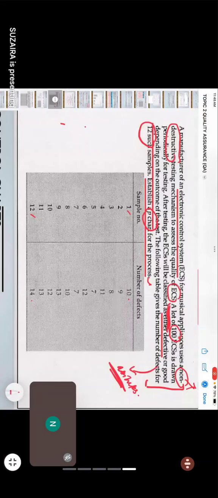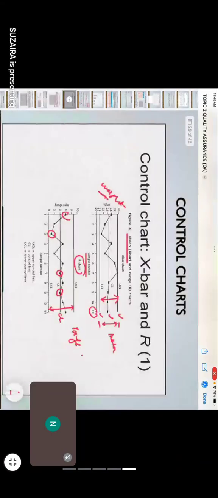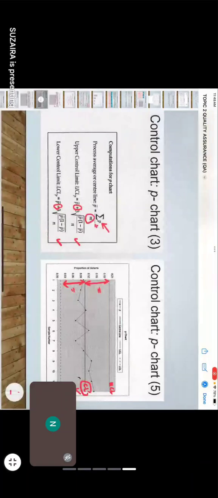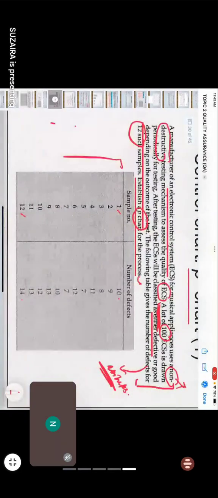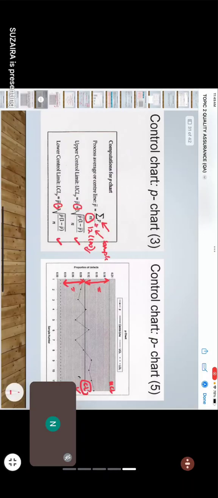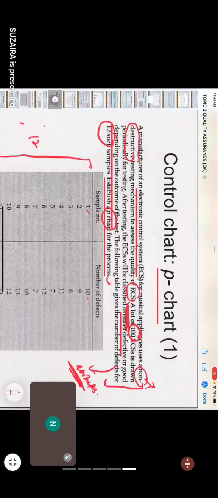Whenever you calculate this, it will be divided by M, where M is 12 times 100 just now. So the 12 is the samples that you collect from this data, and 100 is the lot size.